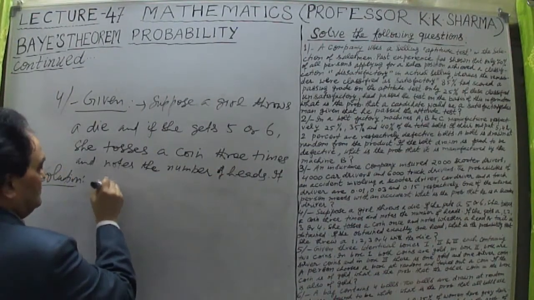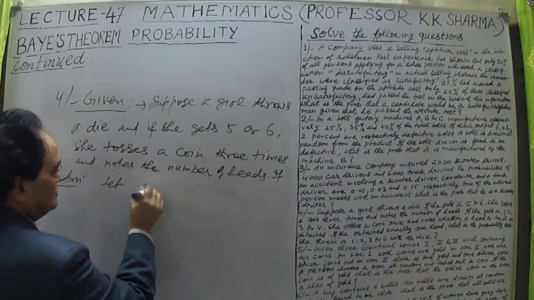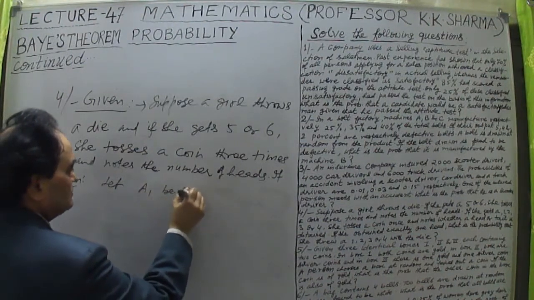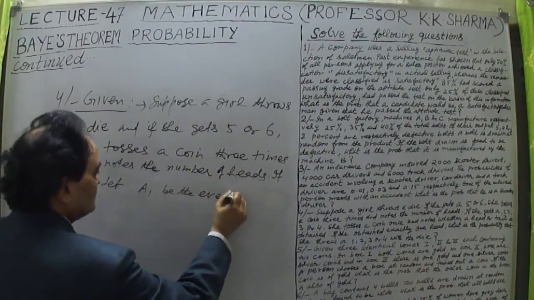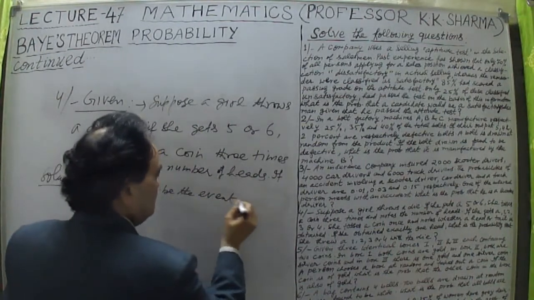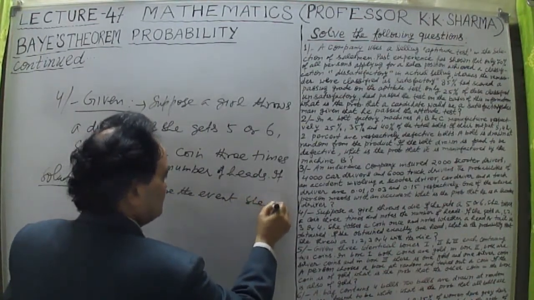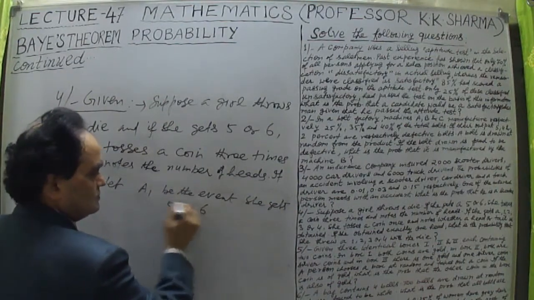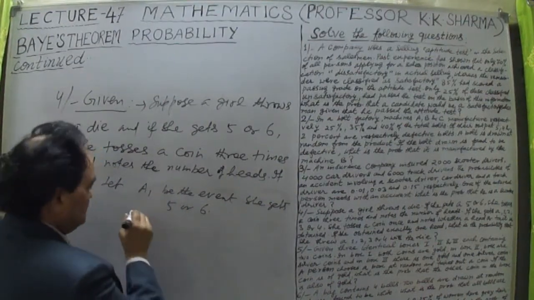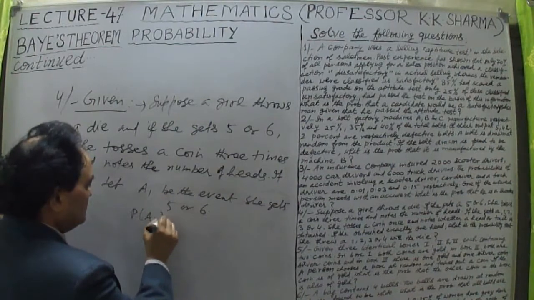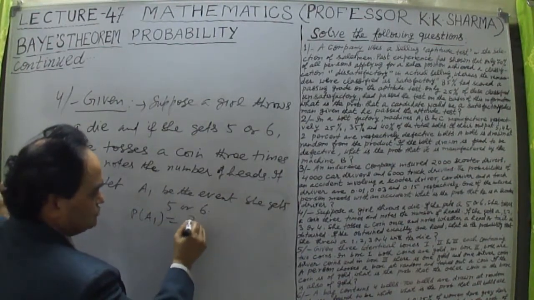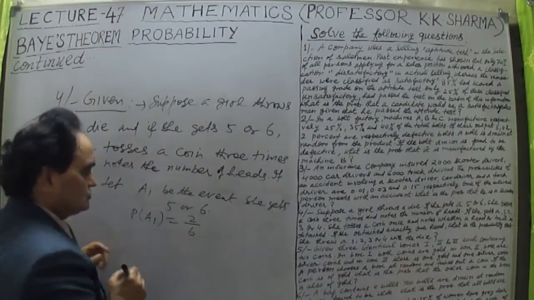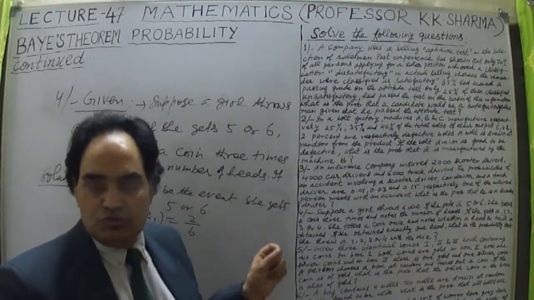Okay, let A1 be the event she gets 5 or 6. So probability of A1 is equal to 5 or 6 means 2 upon 6. Why? Because there are 6 total outcomes, 1 to 6.